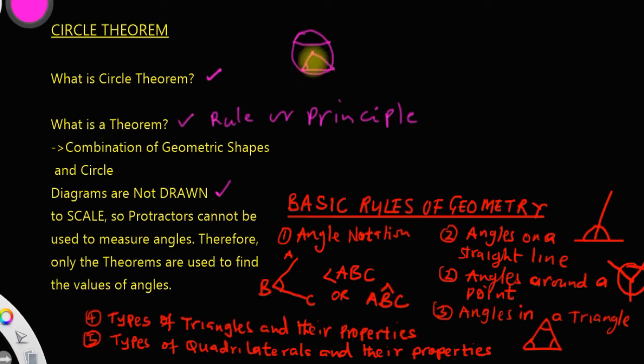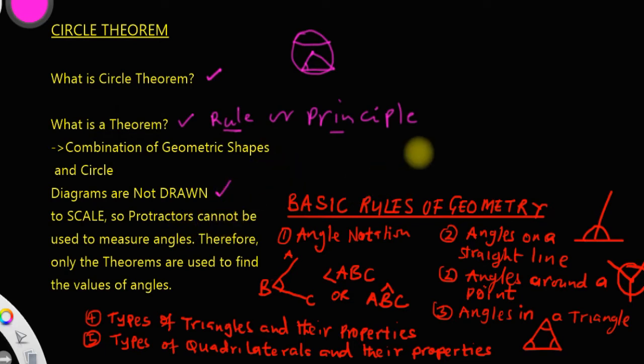You might also see an angle that seems big, but its value is very small, because it is not drawn to scale. As a result, protractors cannot be used to measure angles. That is why we use the theorems. Only the theorems are used to find the value. You have to know that.